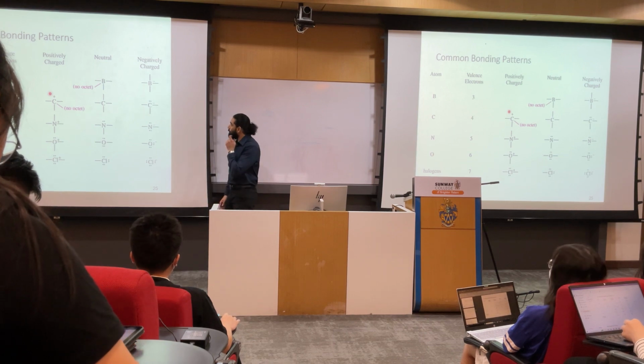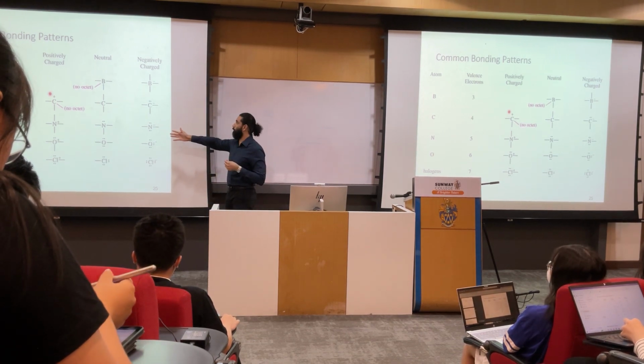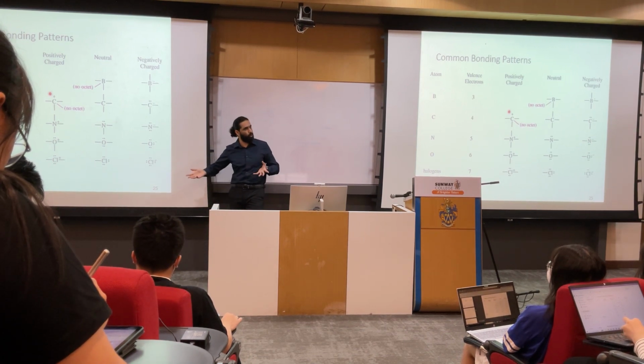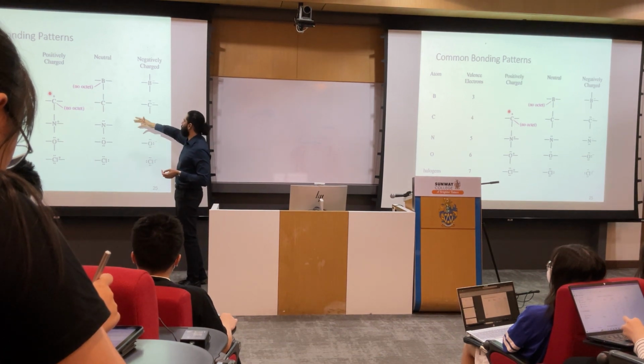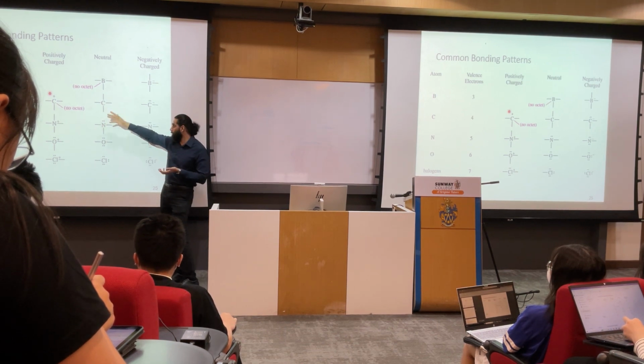Another important piece of information: how they look in their common form and how they look in their not so common form. So for example, let's focus only on carbon because that's the most important one for us.